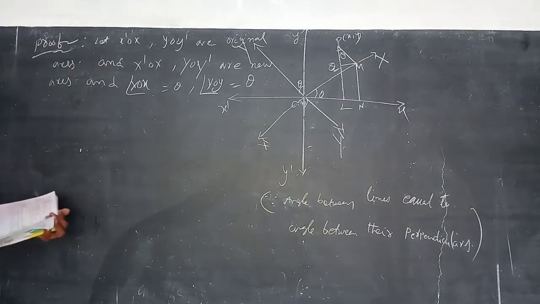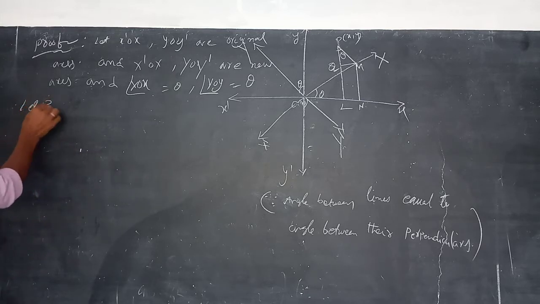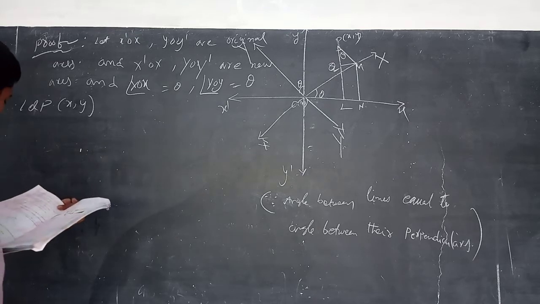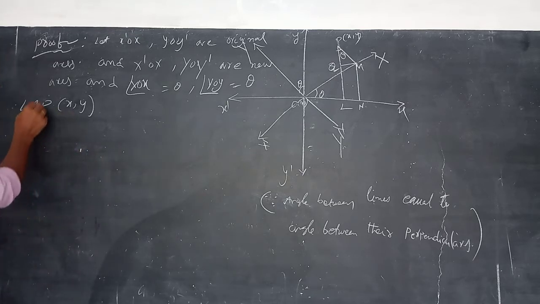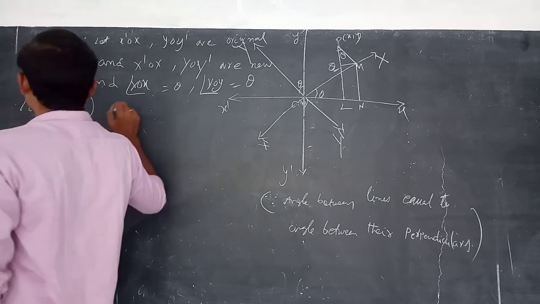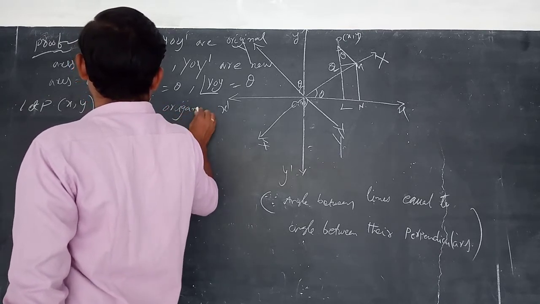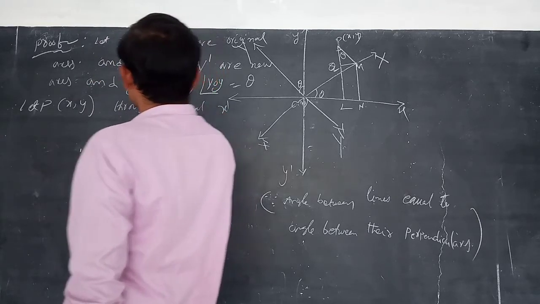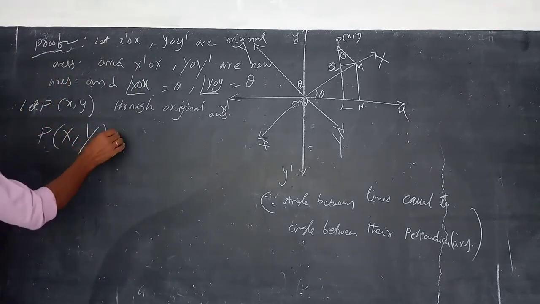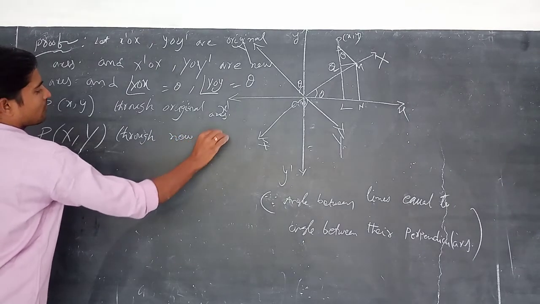And let point P (x, y) through the original axes, and (capital X, capital Y) through the new axes, right?